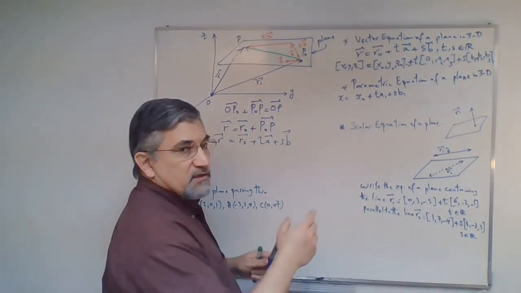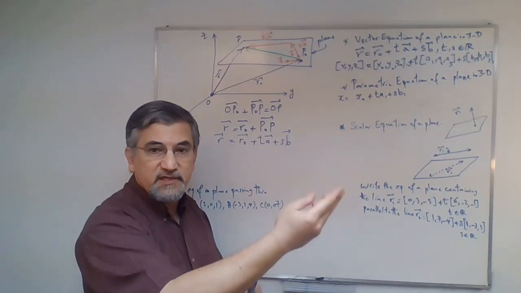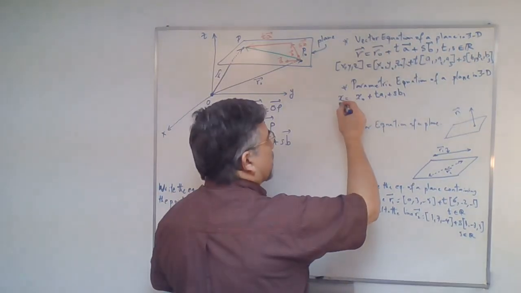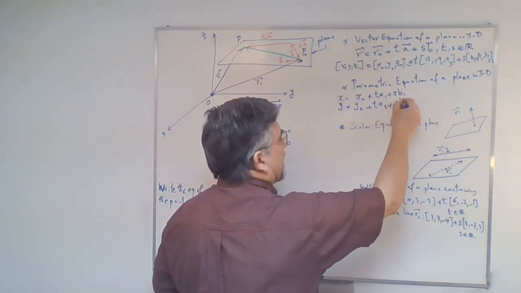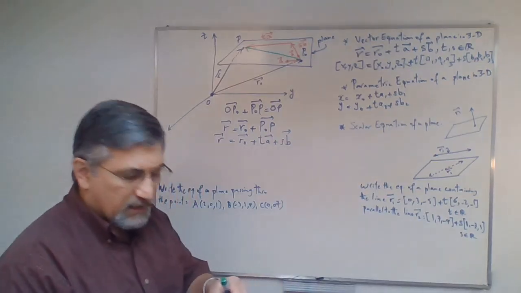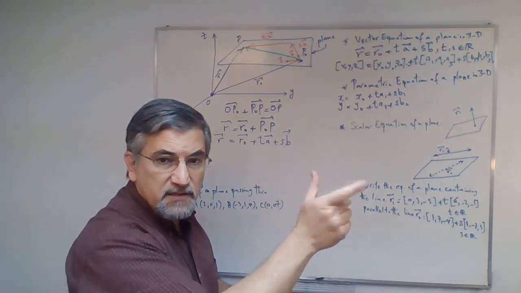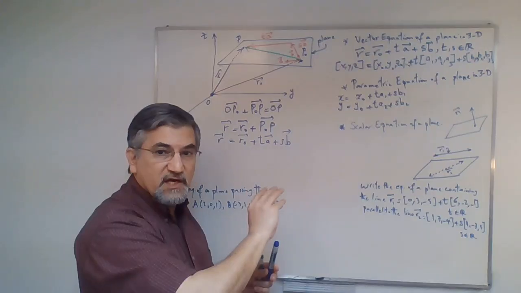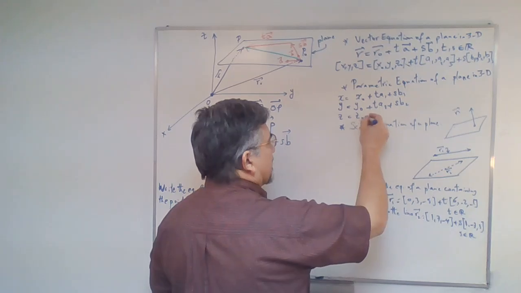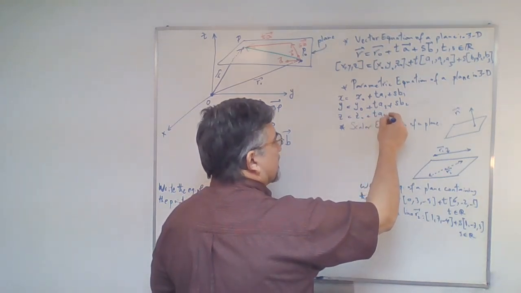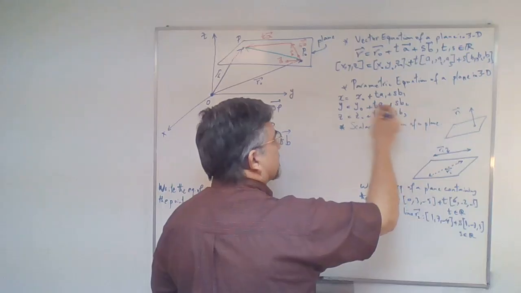And if you set the second components on the left side and right side equal to each other, you would get y equals y naught plus ta2 plus sb2. And by setting the z components of the vector on the left side and the right side of the equation, you get z equals z naught plus ta sub 3 plus s times b sub 3.